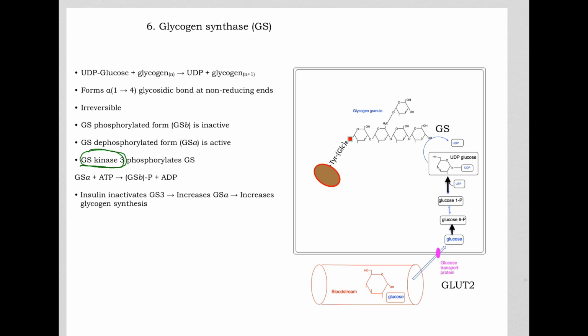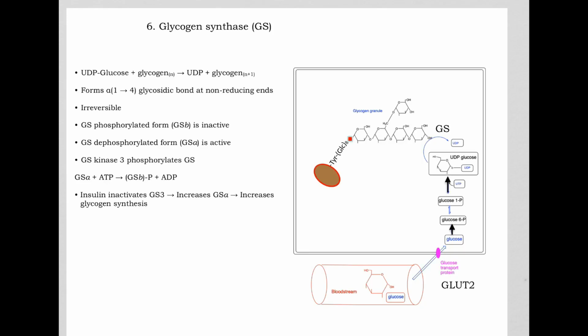This is the enzyme that causes the phosphorylation of the GSA. Remember, the A is the unphosphorylated form. So the A, which is the active unphosphorylated form, when it gets phosphorylated by ATP, then it becomes the inactive B form.